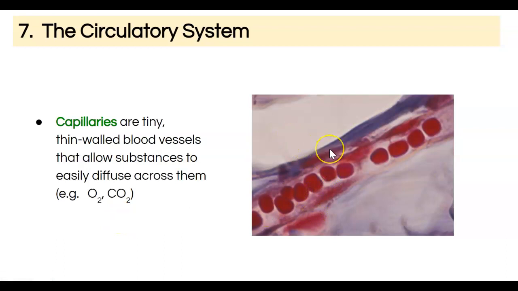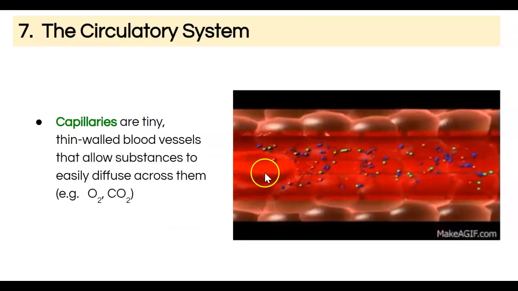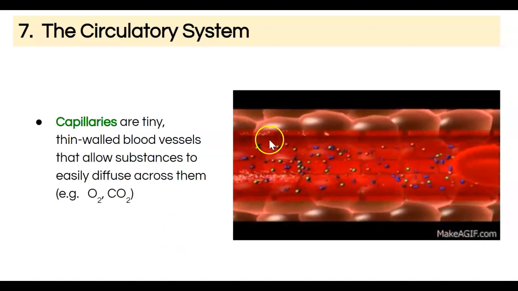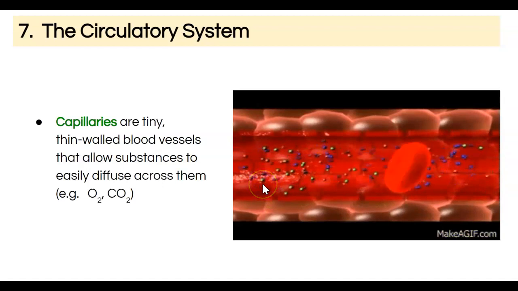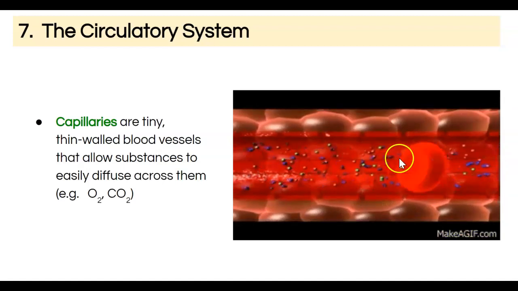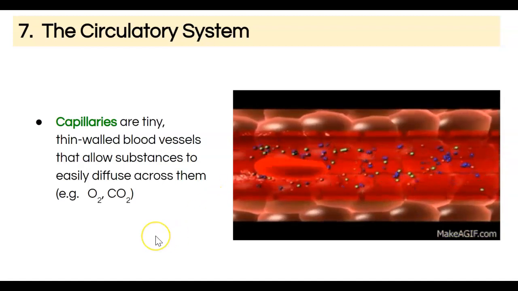So they're really, really thin, but there are a lot of them. So that allows for a high surface area and a speedy diffusion of materials across those particular blood vessels. Here we can see, right? And in fact, their diameter is so thin that they allow for only just one red blood cell to pass at a time, which is pretty cool.